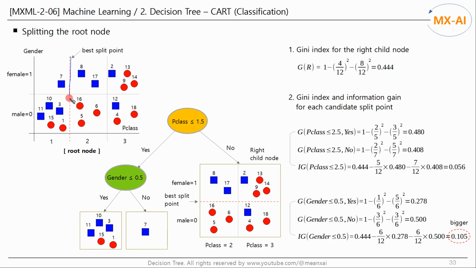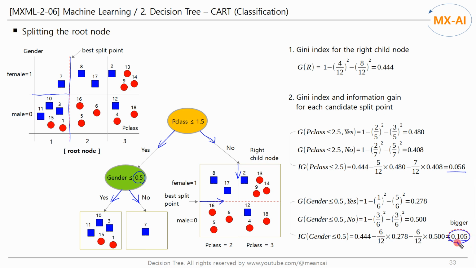Now that we have found the best split point for the root node, we can split it into a left child node and a right child node as follows. Since the left child node has only one candidate split point, it can be split as follows. Since the right child node has two candidate split points, we need to select one. As shown in the previous slide, we calculate the information gain for the two candidates as follows.